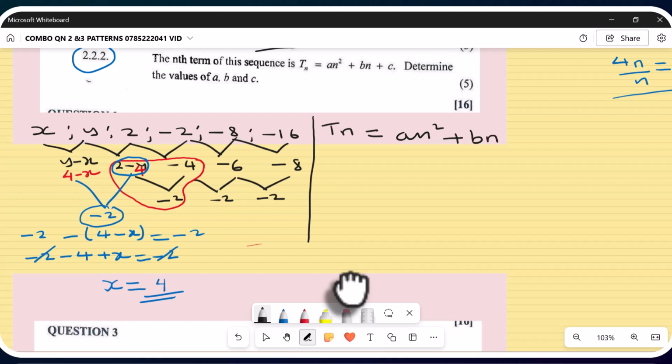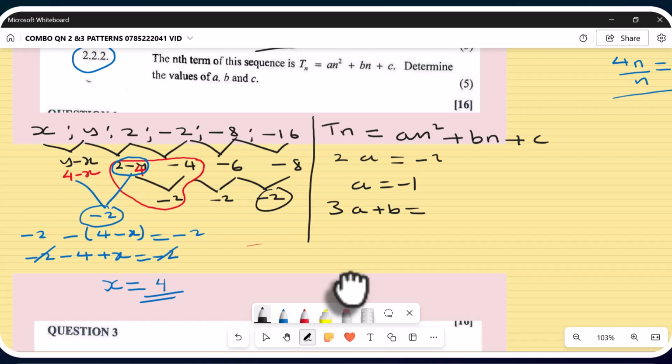The 3 is going to cancel, and we get 1 over 2. Because we have 1 over 2, yes, it's going to converge. Why? Because 1 over 2 is a common ratio between -1 and 1.